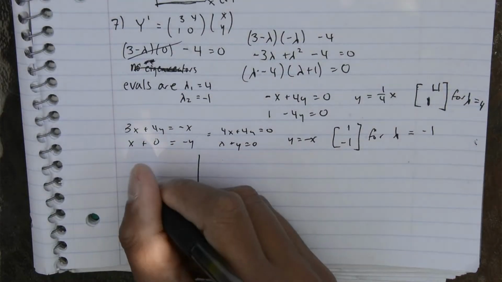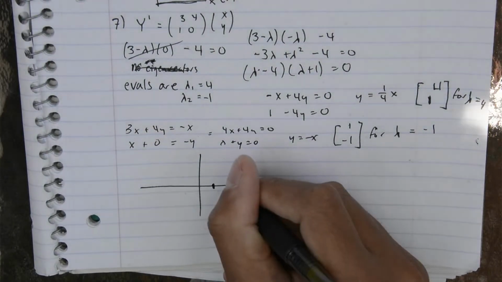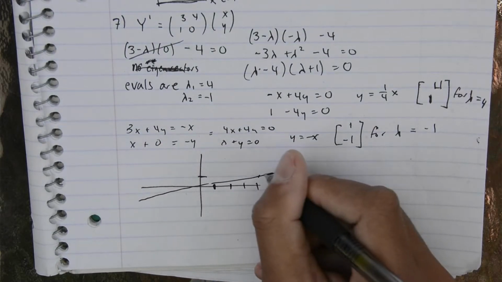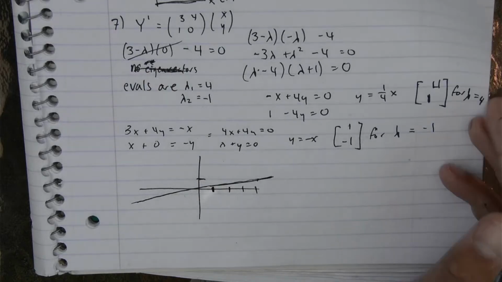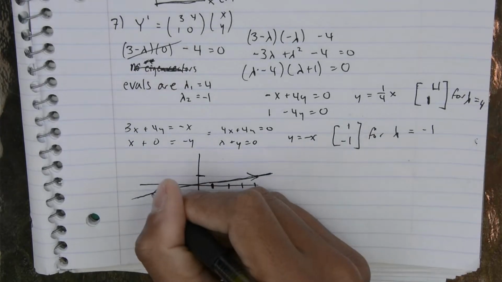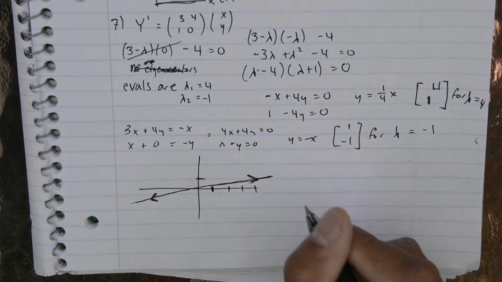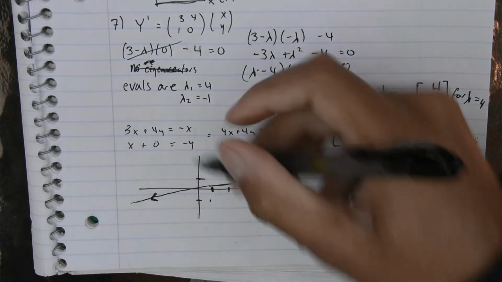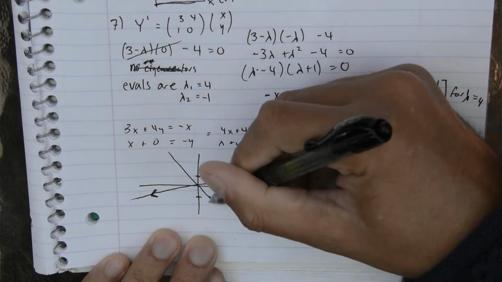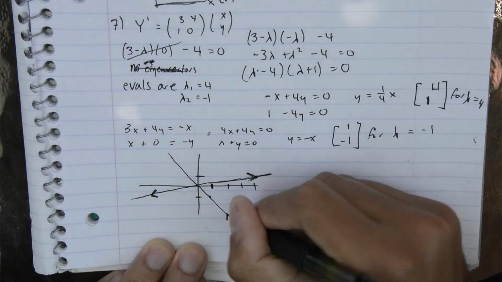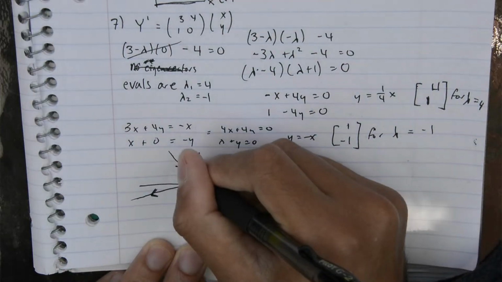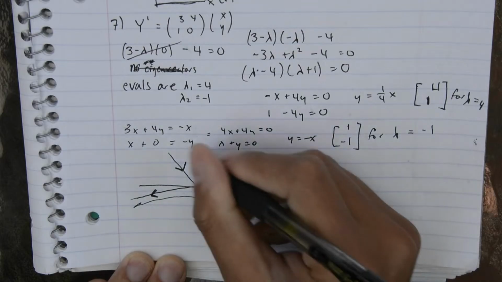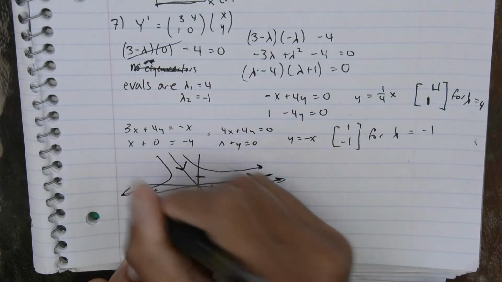So now if we draw our picture here, we're going to get 4, 1 here. The eigenvalue is positive, so everything goes away from it. And then 1, minus 1 goes in. Okay, so we have stuff like this, or like this.